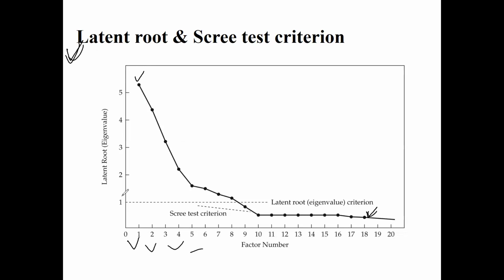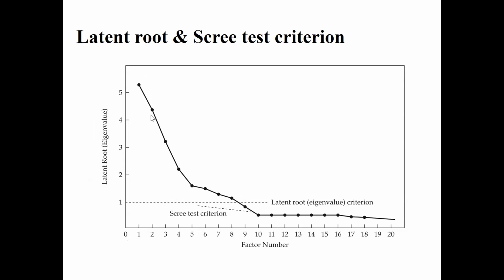In the latent root criteria, the eigenvalue is on the vertical axis, and this is the limit. You can retain those factors whose eigenvalue is greater than 1. So how many factors? 1, 2, 3, 4, 5, 6, 7, 8. Statistically, you can select 8, but it is not a hard and fast rule.